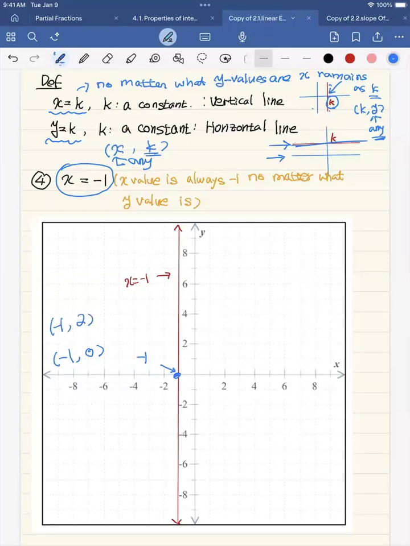So I would write 2. You can write 10 or 100, doesn't matter. What it says is that x value must remain as -1. So -1, 0 is this point, and -1, 2 is this point. When we connect that, we get the vertical line.